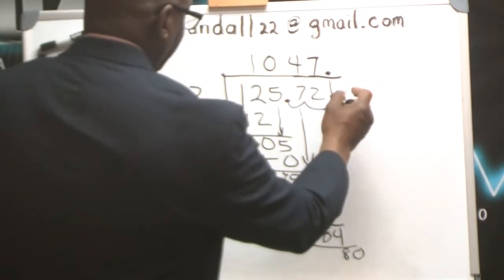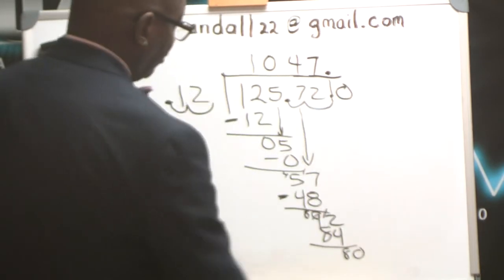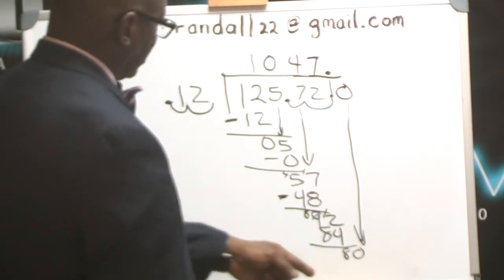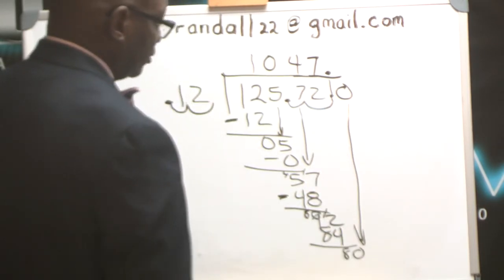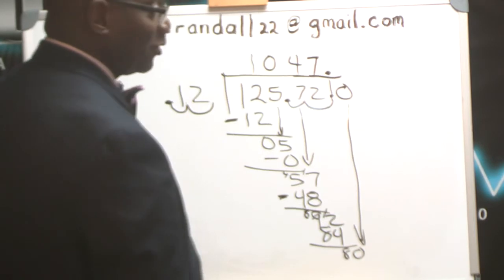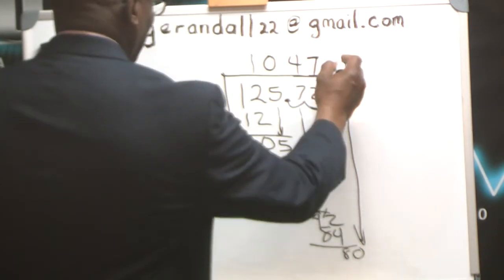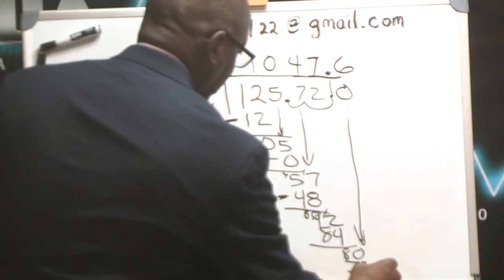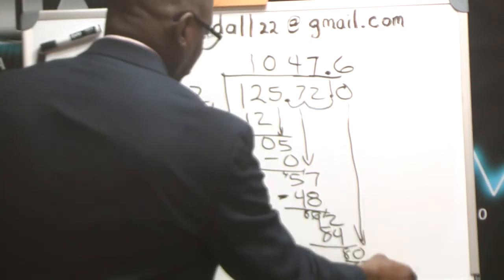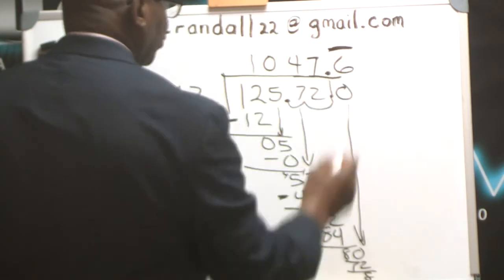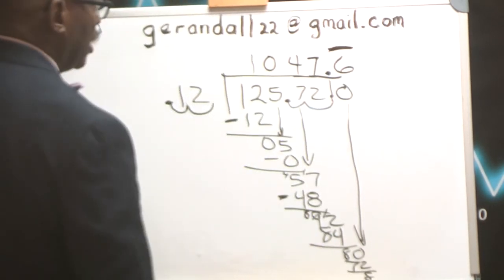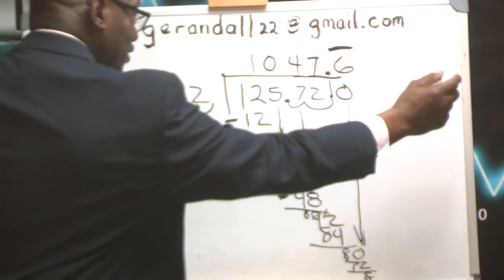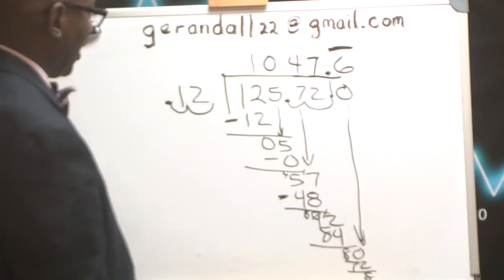And even though it's not there, doesn't change the value, we bring down a 0. How many 12s can you get out of 80 without going over? 6. Now we're going to stop right there because it looks like 8, and what's going to happen, you keep bringing down zeros and it's going to repeat. And we're going to talk about repeating, and that's the symbol for it, that 6 and 6 and 6 and 6 are going to repeat, okay?